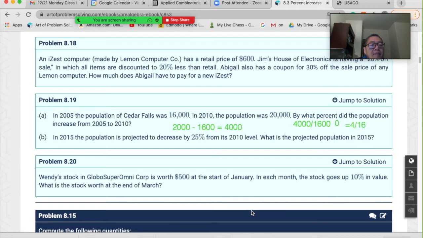And you divide that, which is 1/4, times 100. Yeah, times 100 equals 25%.